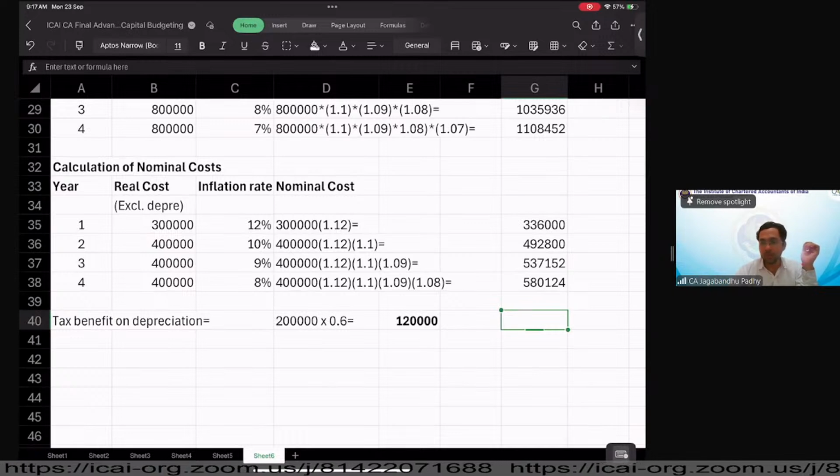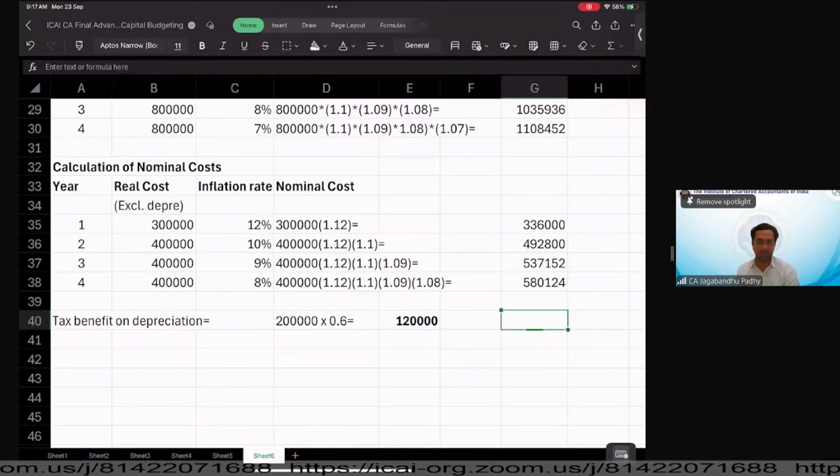Okay, then let's go for finally getting the cash profit after tax, and also the tax benefit added to the cash flow.